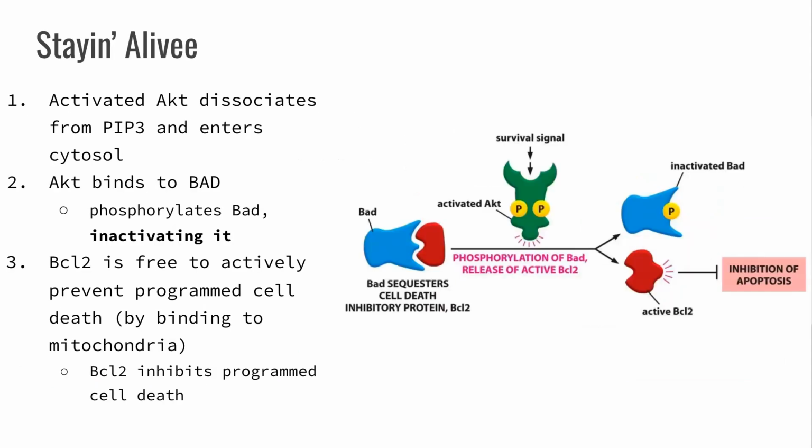So this AKT can then go and phosphorylate BAD, which is a protein that sequesters BCL2, which is what inhibits apoptosis. BAD and BCL2 are bound together, and once AKT is activated, it phosphorylates BAD, which then releases BCL2, which then goes and prevents apoptosis.